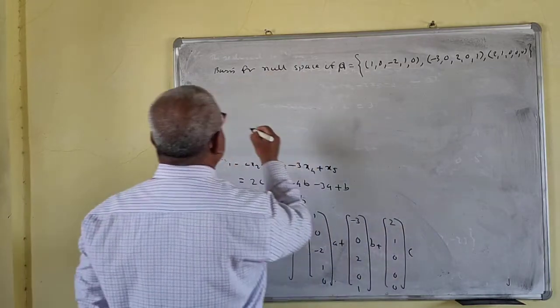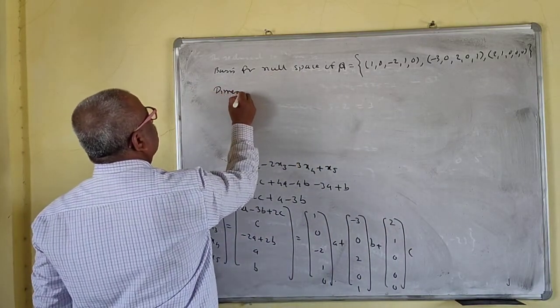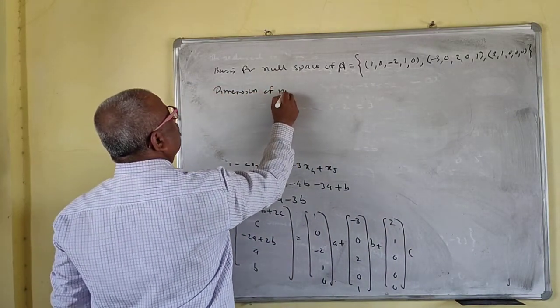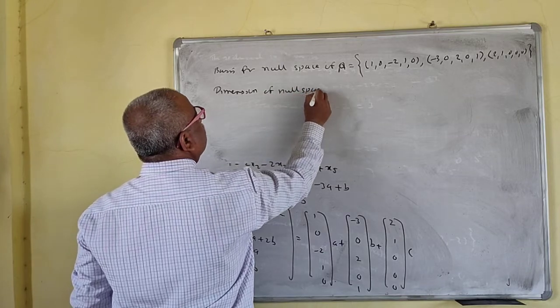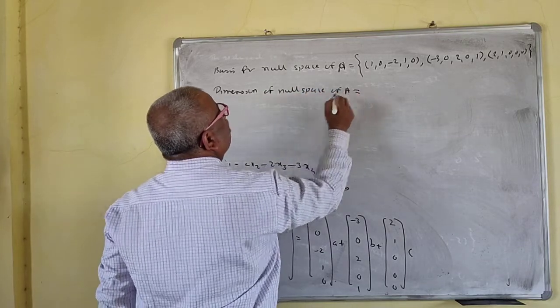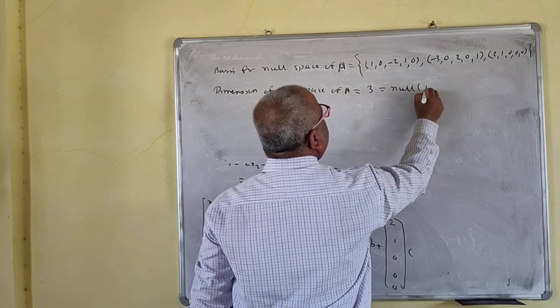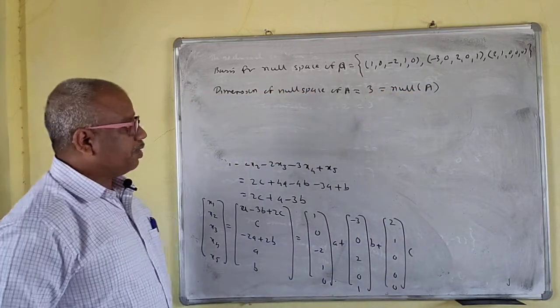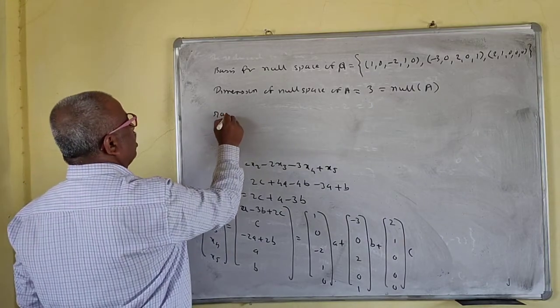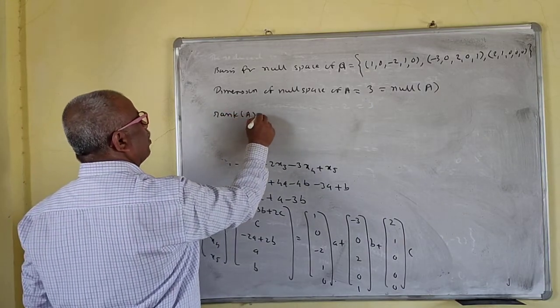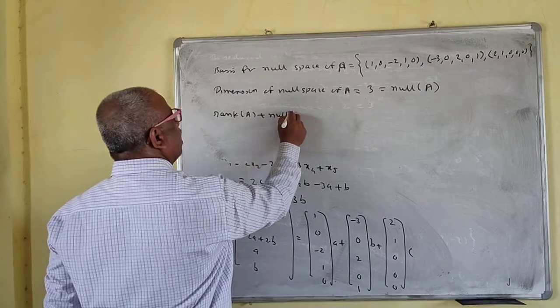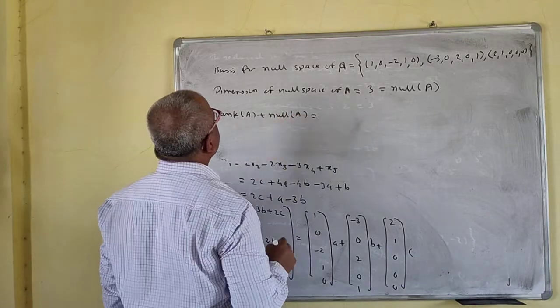So the dimension of the null space of A is equal to 3. This is equal to the nullity of A. Rank of A plus nullity of A is equal to... what is the rank of A?